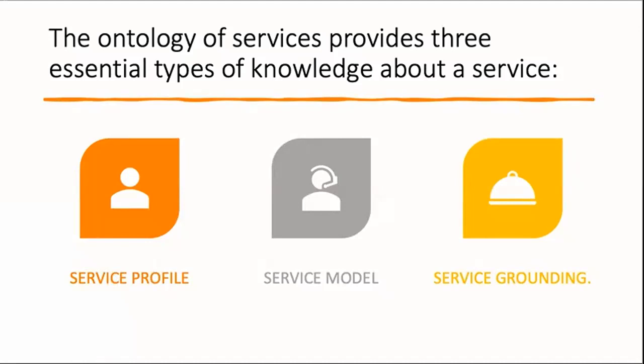The current specification for this is available in DAML.org. In general, the service profile provides the information needed for an agent to discover the service, while the service model and service grounding objects provide the information for an agent to use the service.